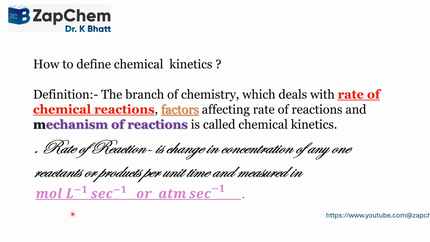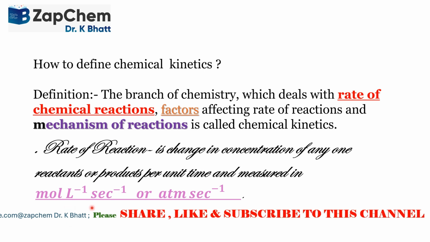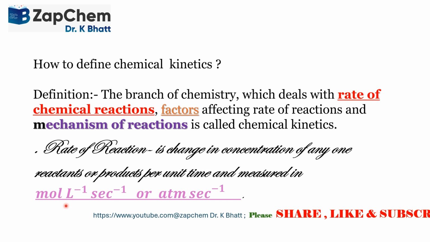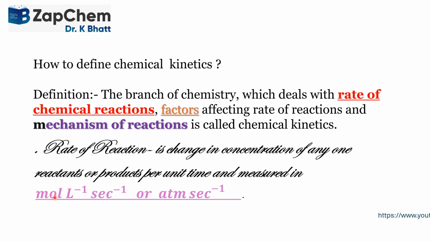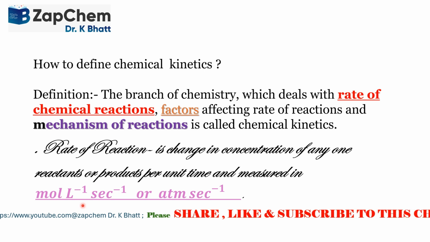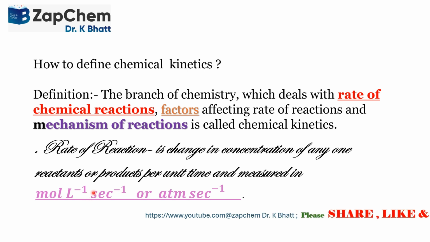And of course, the unit has to be concentration terms divided by time terms. For most reactions, the concentration is given in moles per liter. We have already learned about chemical equilibria, and there we used the concentration of a particular reagent in terms of moles per liter. The time may be in seconds, hours, minutes, or even days for very slow reactions.